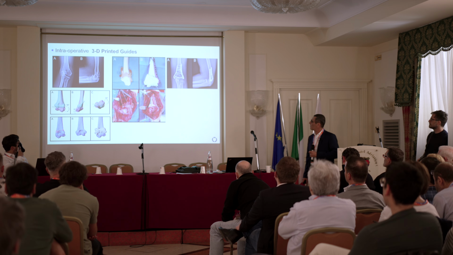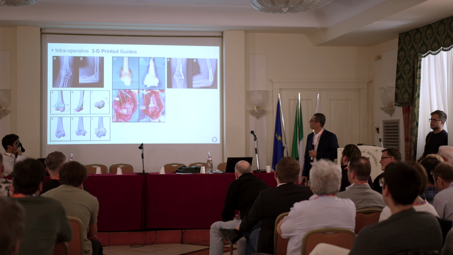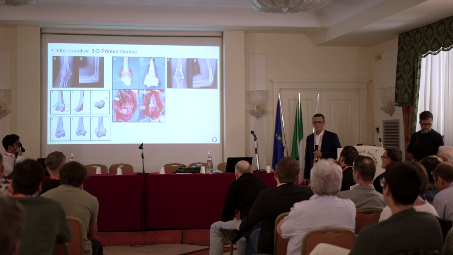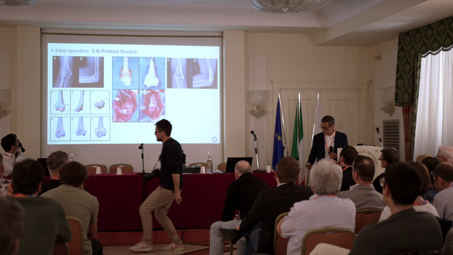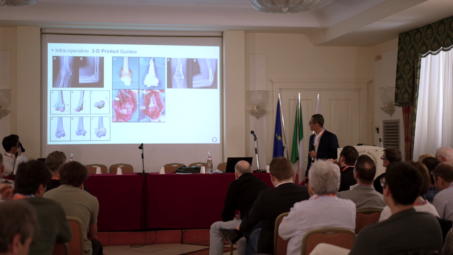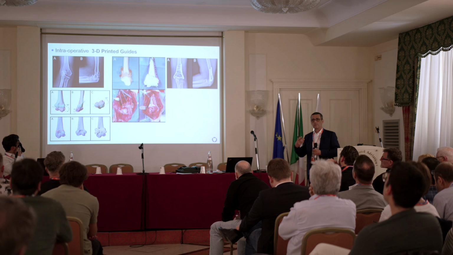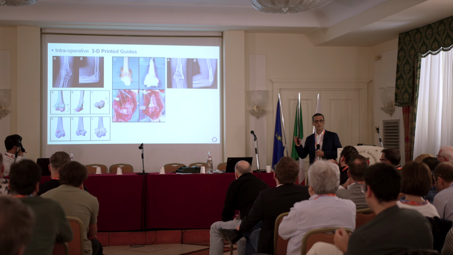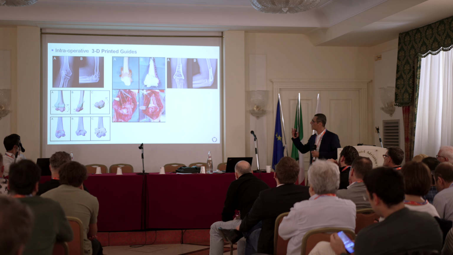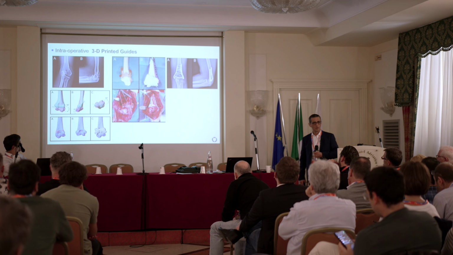Now, I speak a little bit around this 3D printed guide, because I don't love this system, but it's necessary to discuss. You can acquire by CT scan a bone model, a virtual bone model of a bone.